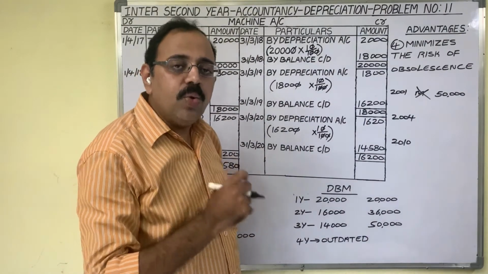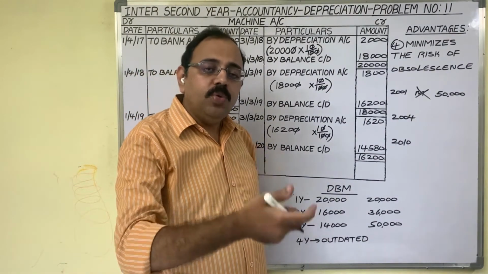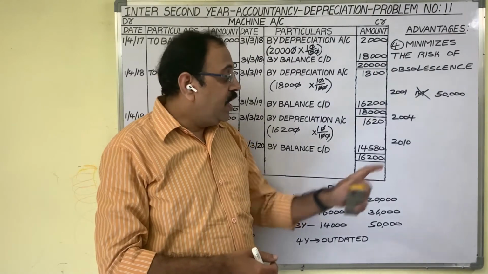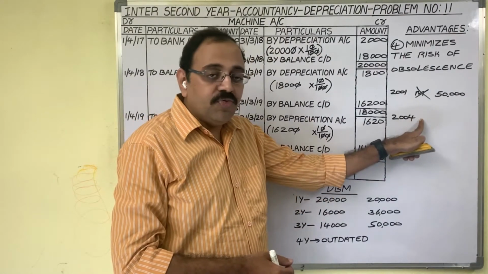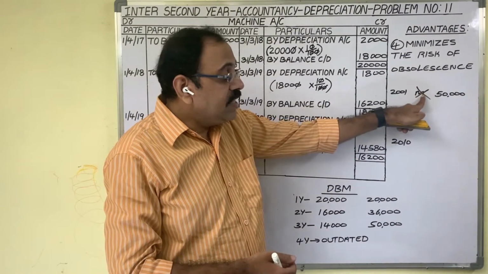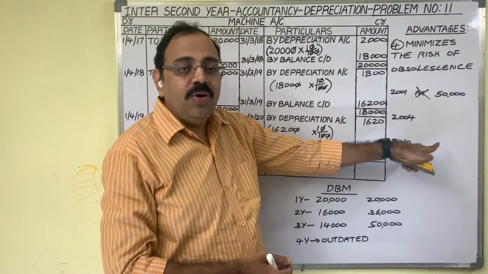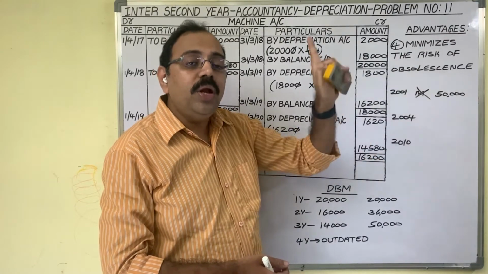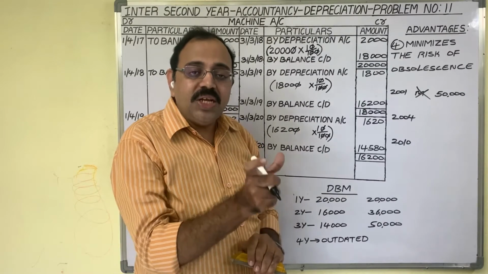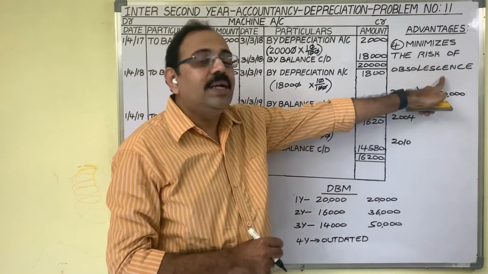Even though it is in good condition, we stopped using that asset because it became outdated. We replaced this asset in 2004 with a new one. Here, the existing asset's value suddenly decreased. The reason is technology. The asset became useless. This reason is known as obsolescence.